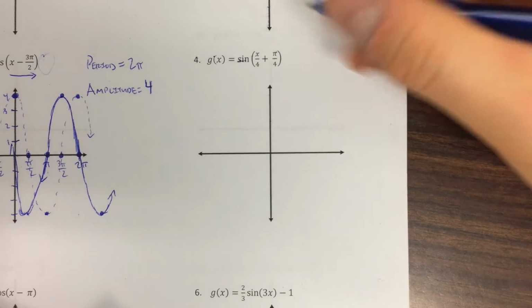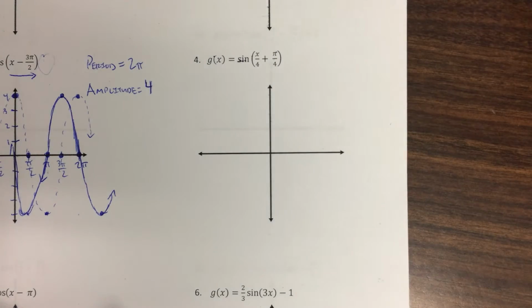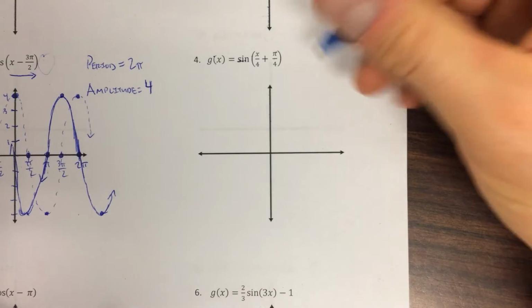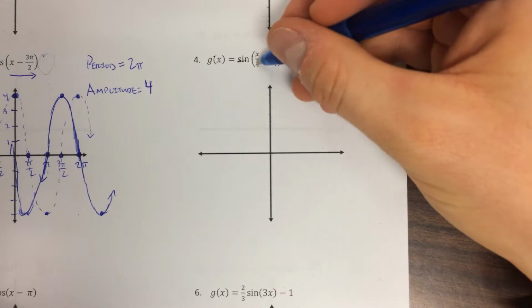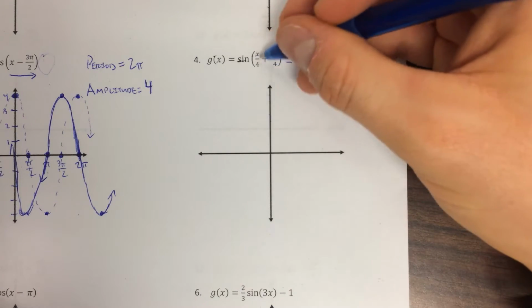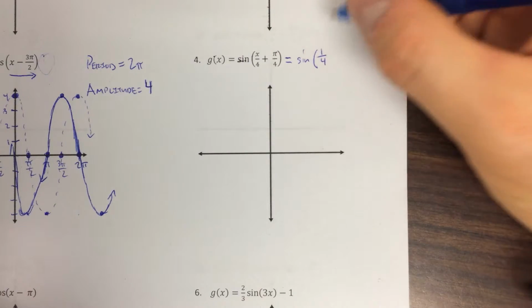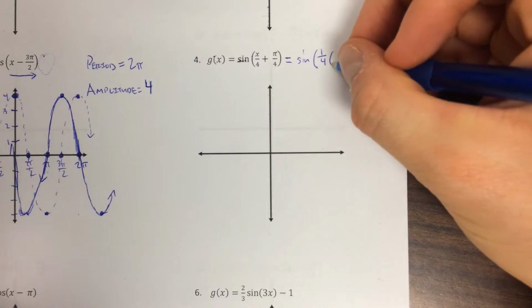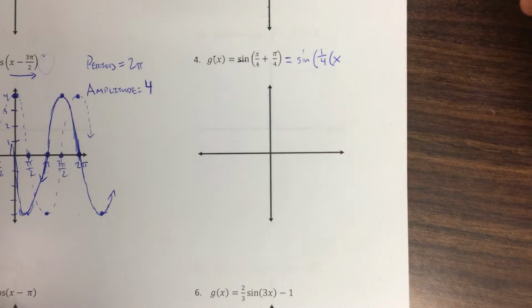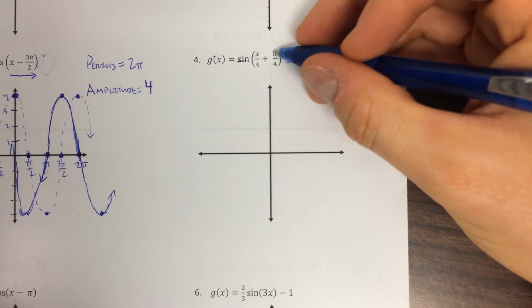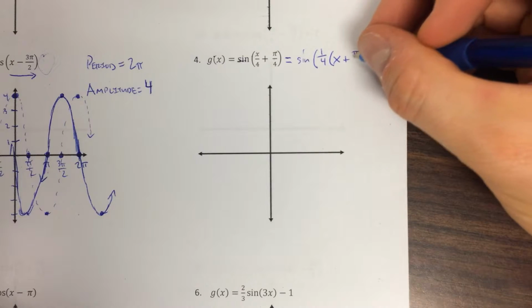Now for number 4, what we have to do, before we do anything, is factor. Similar to what we did on September 12th or September 13th, x here is being multiplied by 1/4. So what we have to do is factor out a 1/4. Now x is on its own. Plus pi over 4 is here, so I'm still adding pi over 4.